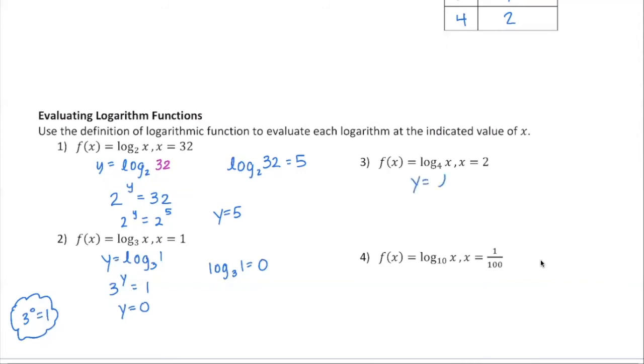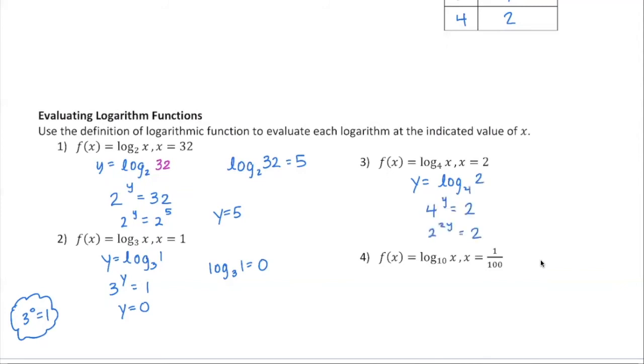For number 3, we have log base 4 of 2. So we can rewrite that again, 4 to the y power equals 2. And again, we want those bases to be the same. So we can rewrite 4 as 2 squared. And then we would multiply our exponents, and that would equal 2.